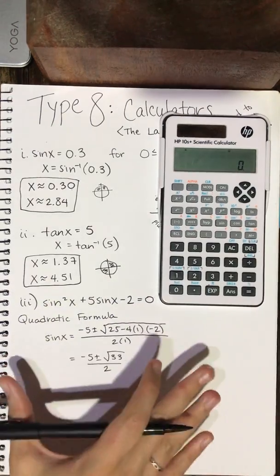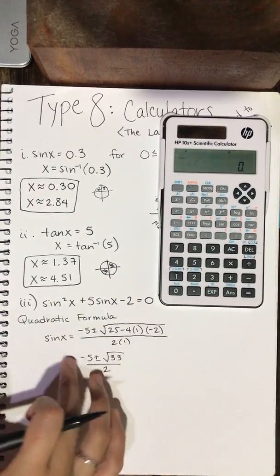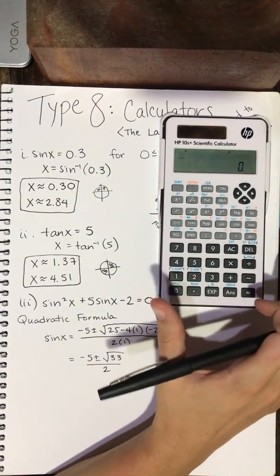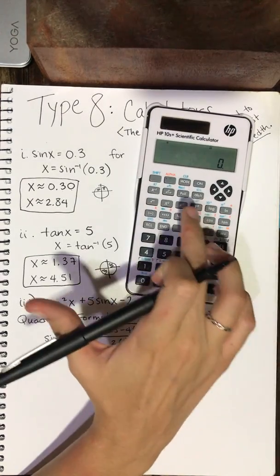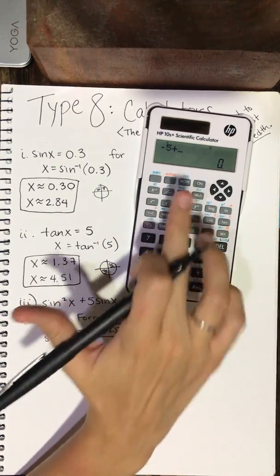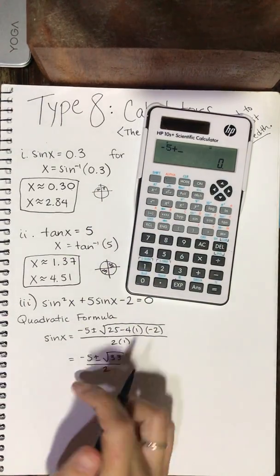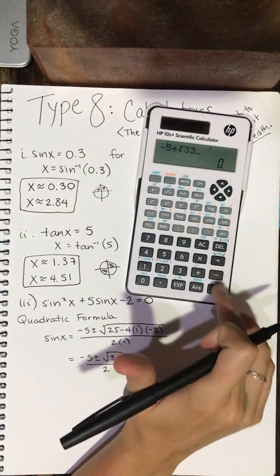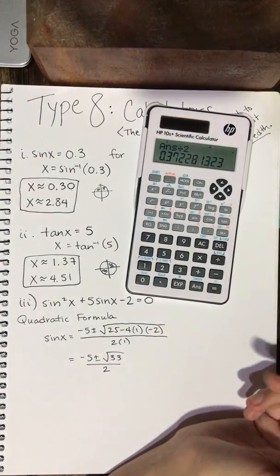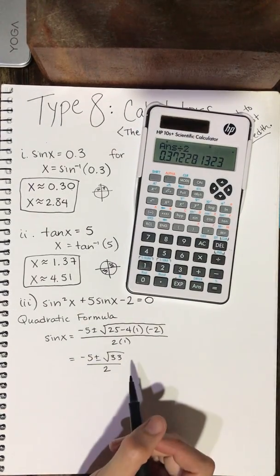Now, when we're doing these, the goal is to not round until the last step, okay? So first thing, we're going to do negative 5 plus, I'm going to do the plus version first, okay? Plus the square root of 33, enter, equals, divided by 2. Okay, and then I've got to do sine inverse of that, right?